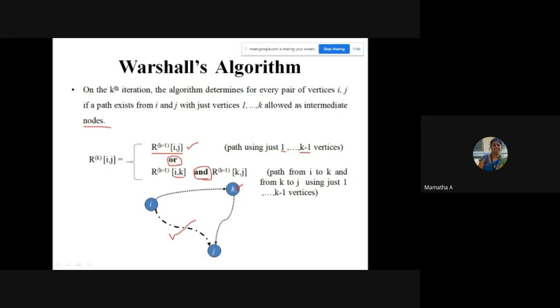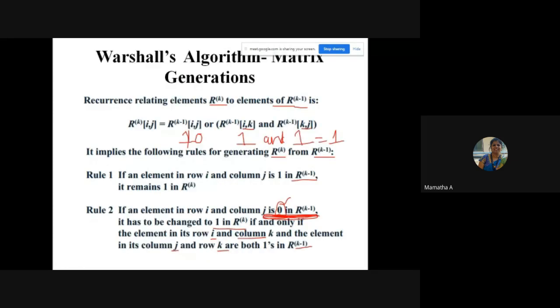Then only I can tell there is a path from I to j. And remember, checking the path of I to k and k to j should be done in the previous matrix, that is Rk minus 1. If that is the case, then Rk of I comma j will become 1. Hope you are all getting now.